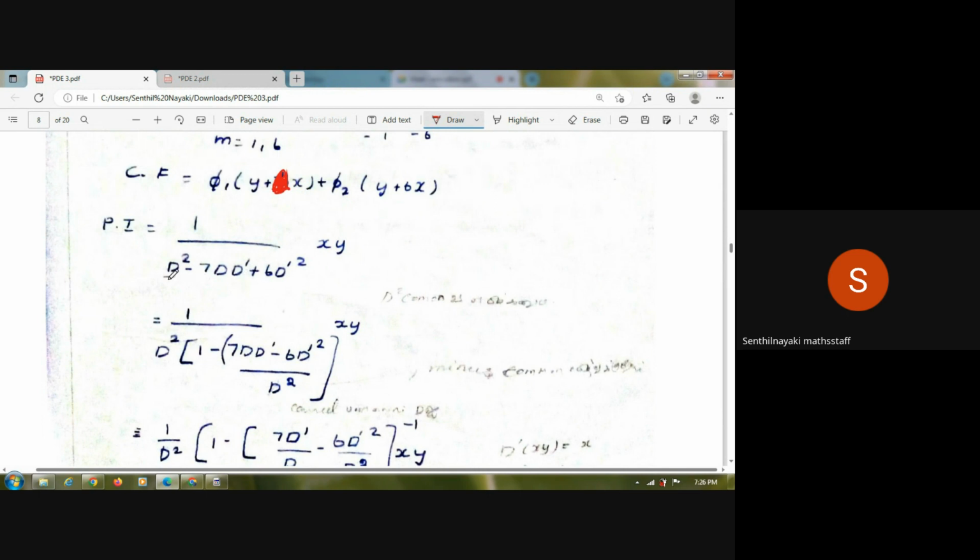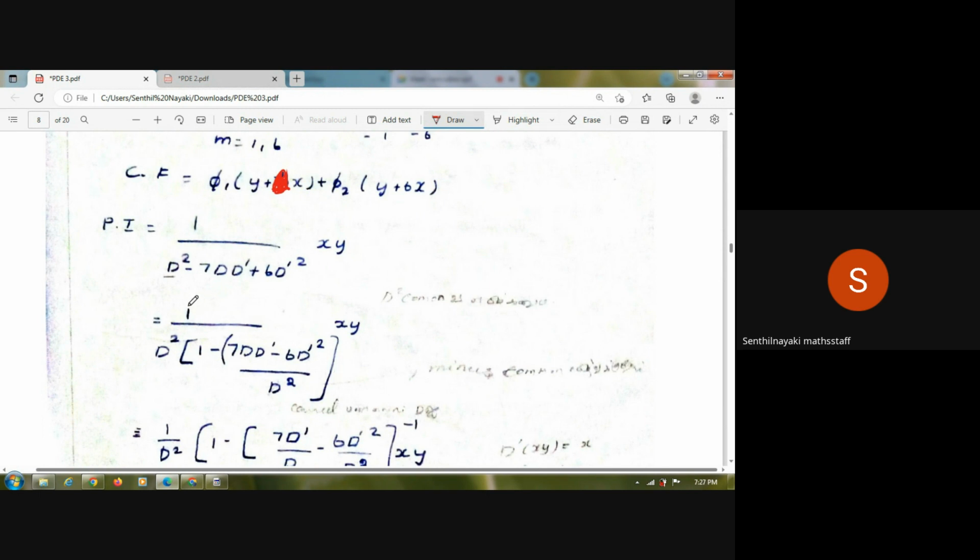For this purpose we take out d square as a common term. Then this term becomes 1. Here there is no d square, so we have to divide these two terms by d square.